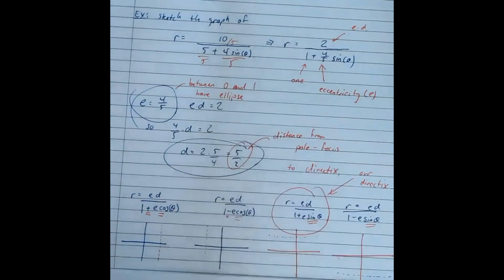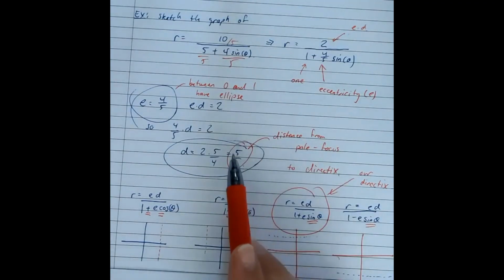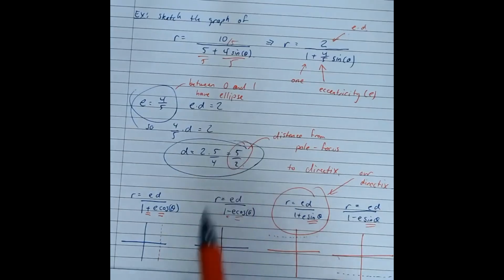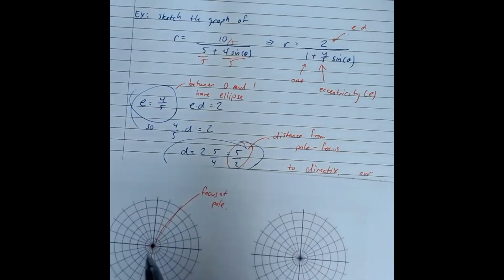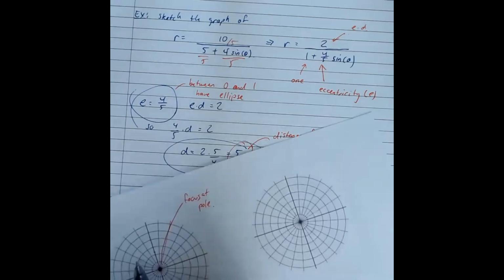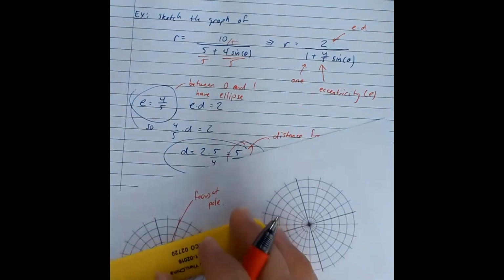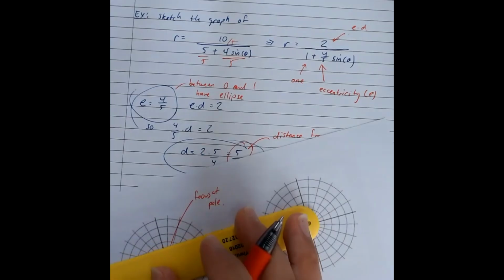And I know its distance. It's going to be 5 halves, 2.5 units above the pole. So I'm going to go from here, I'm going to go up 1, 2.5. So I'm going to have a horizontal line there that's going to serve as my directrix.